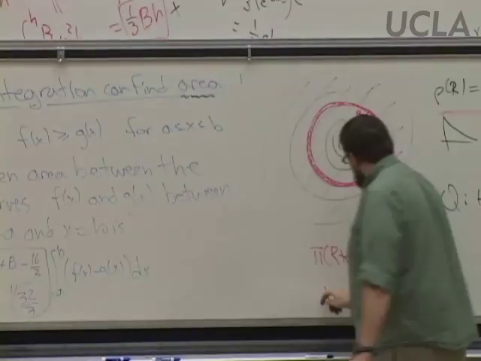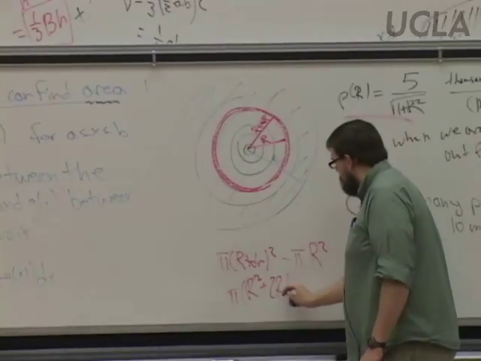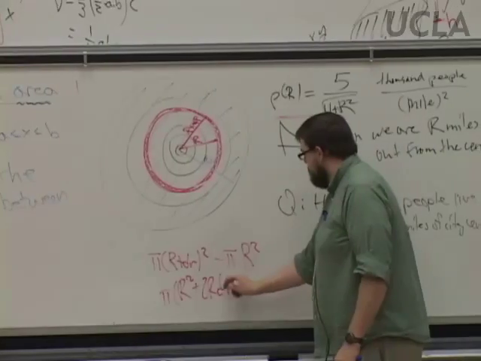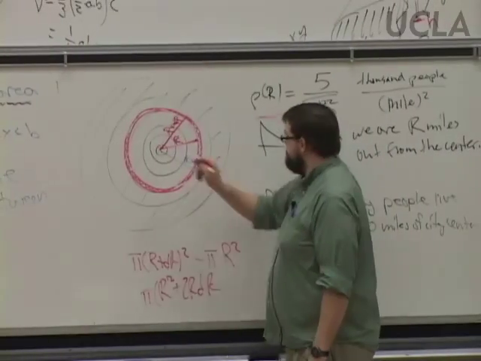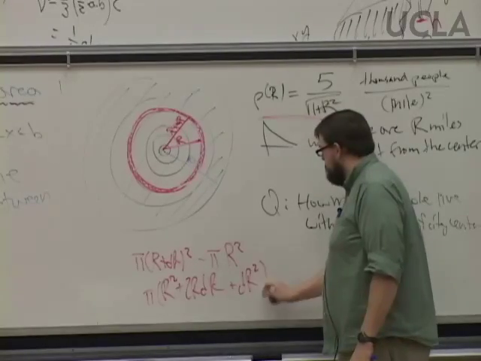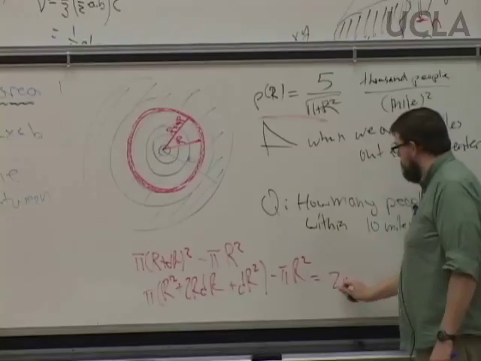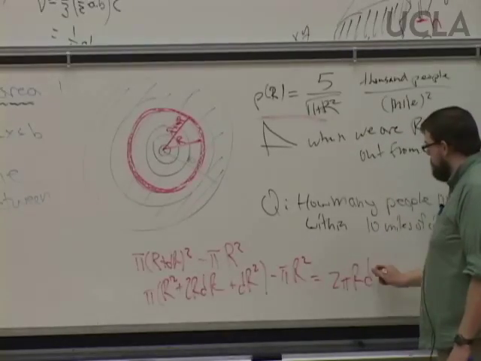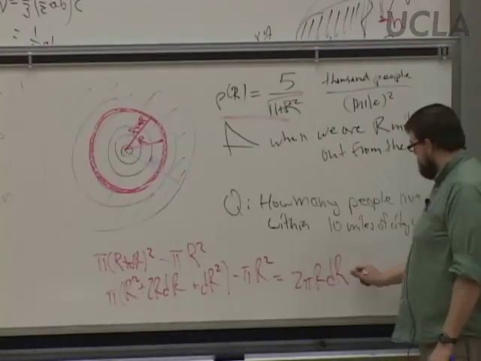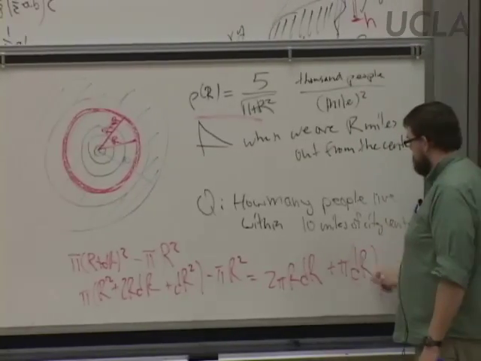That's pi times the quantity r plus dr squared, minus pi r squared. Expanding, that's pi r squared plus 2r dr plus dr squared, minus pi r squared. If you simplify this, it is simply 2 pi r dr plus pi dr quantity squared.